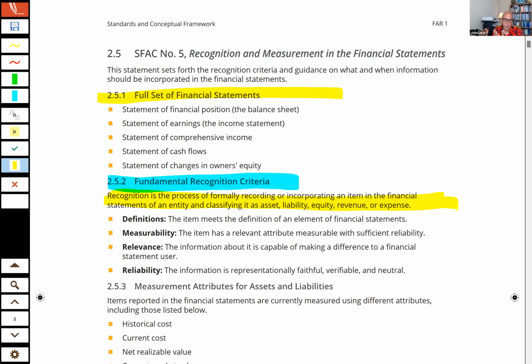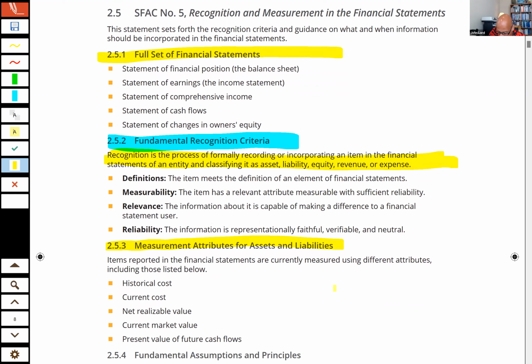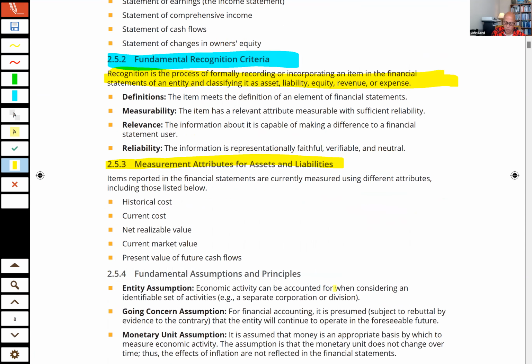That's recognition. When we deal with measurement, measurement is really saying, how should you weigh something? You've already decided it should be on the financial reports, but how should you measure it? How should you report it? There are different ways of measuring the value of items.